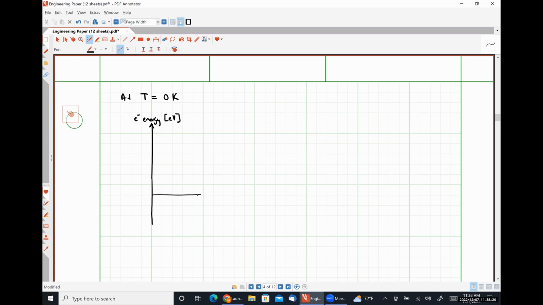This is going to be a bit exaggerated, but that'll be okay. So we have 0 electron volts down here. This energy level is the energy level of the valence band. Our valence band will be full of electrons at T equal to 0 degrees Kelvin. This is the energy level associated with the conduction band.